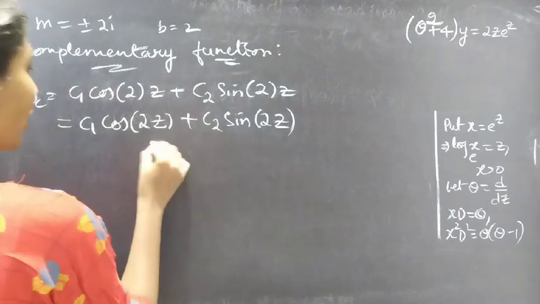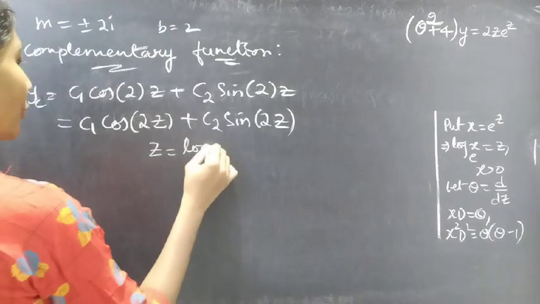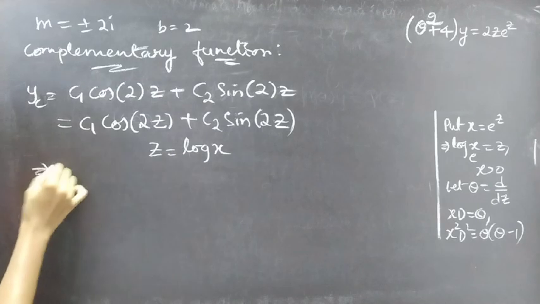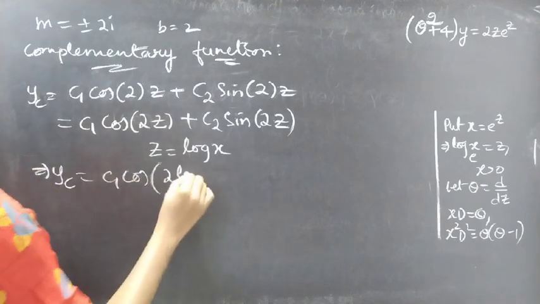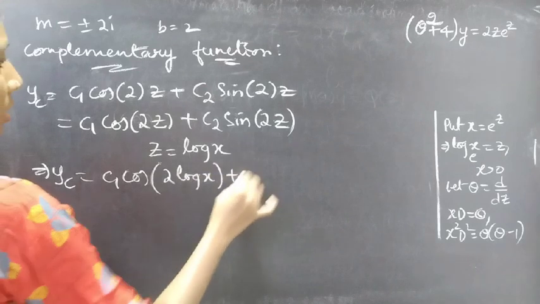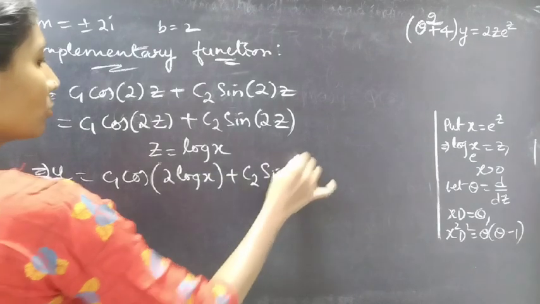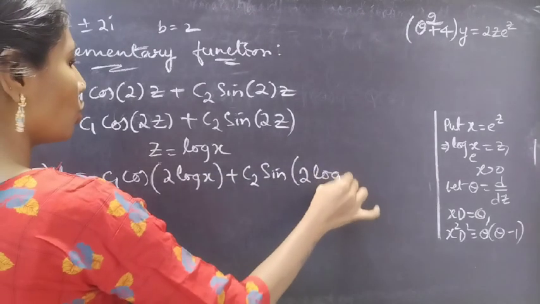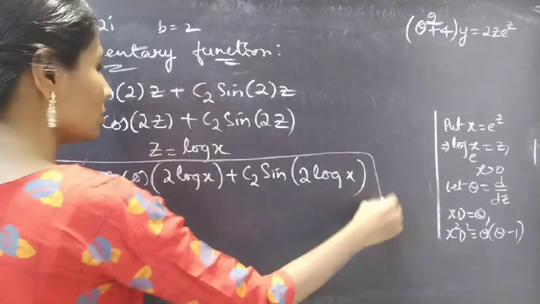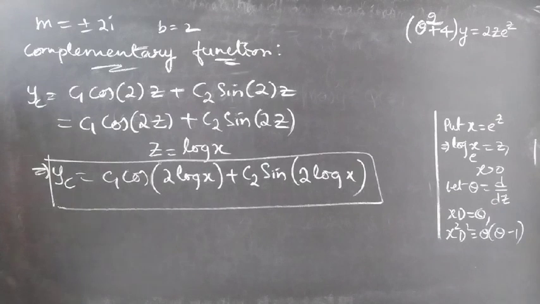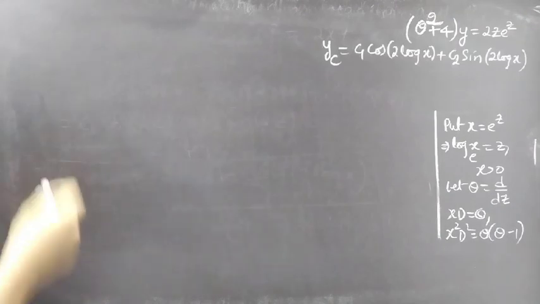We need to write in terms of x, so we'll replace z by log x. Then we'll get yc equals C1 cos(2 log x) plus C2 sin(2 log x). So this is our required yc. Let's now find yp, particular integral.